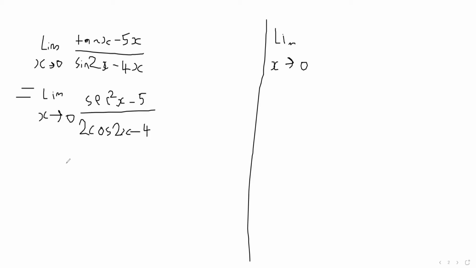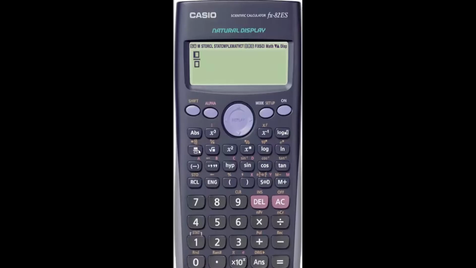Now you plug in x as 0. You get sec squared 0. What is sec squared 0? Sec is 1 over cos, so it's 1 over the cos of 0 squared, which is 1.